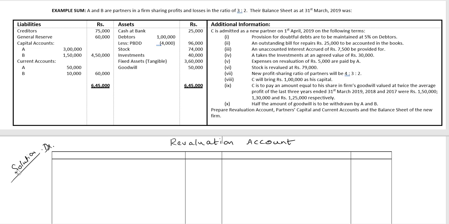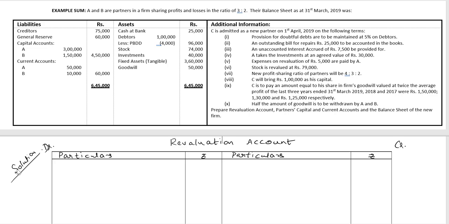Left side debit side and right side credit side. Particulars. Rupees. Particulars. Rupees.